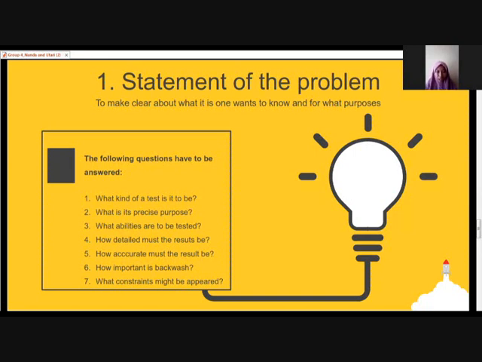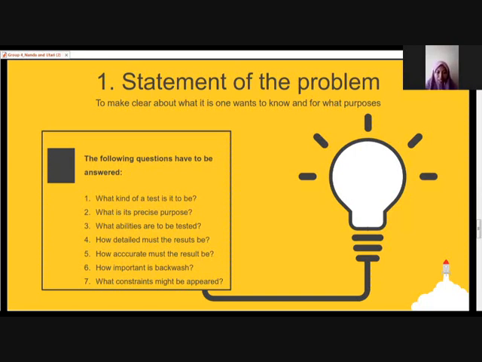And then number 6, how important is backwash. As we know, backwash is the test's effect on English language teaching. For example, the test will be really important for backwash in order to make further decisions about the teaching activities to make the teaching better.